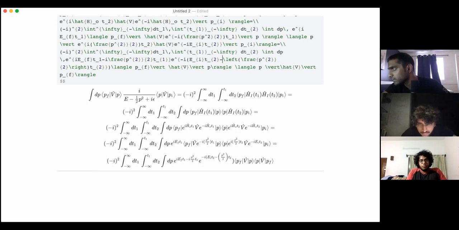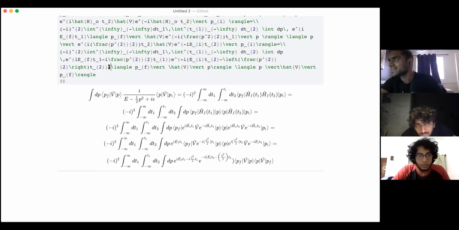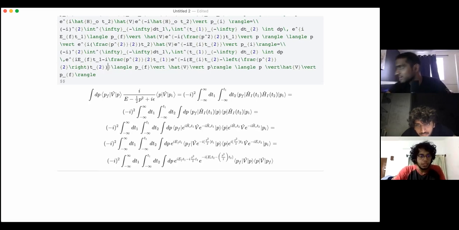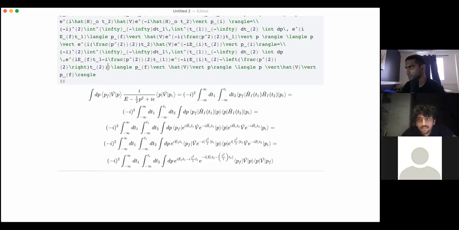Yeah, and then there was a stray bracket, which I don't have the patience to track down, but maybe I should. Just after T2. Yeah. Just 1 second.